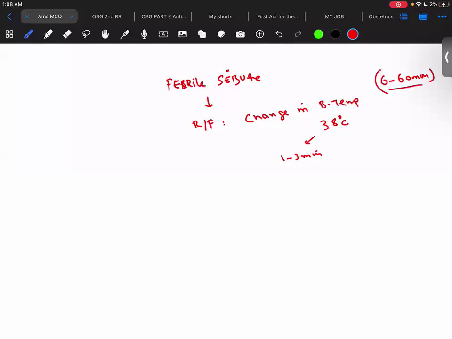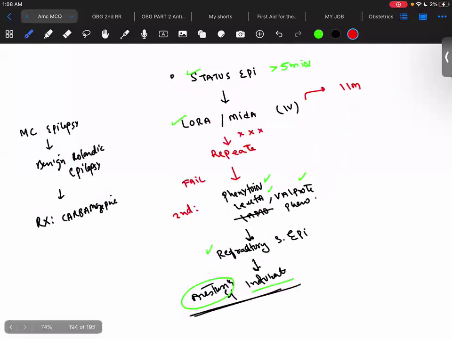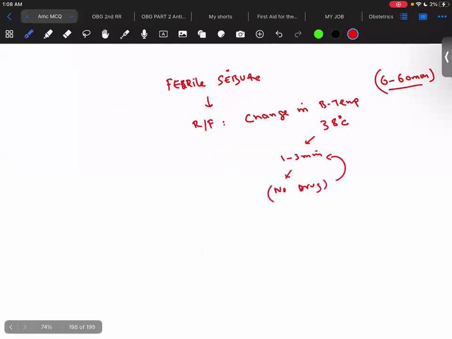If it is just for 1 to 3 minutes, you have to go for the ABCD. Remember that any patient with status epilepticus, the first step is ABCD. Please remember this. I forgot this. Then you go for the other things. For 1 to 3 minutes with febrile seizure, no drug should be used.